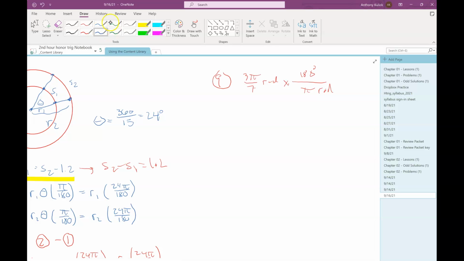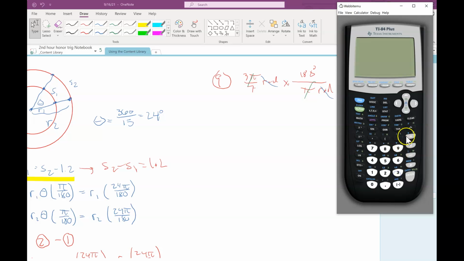The radians on top cancel with the radians on bottom, and the pi's on top cancel with the pi's on bottom. So really I have 3/7 times 180. I'll just go to my calculator. Since it says to round my answer, I'm not going to worry about writing a reduced fraction. So I'd say this is 77.14.